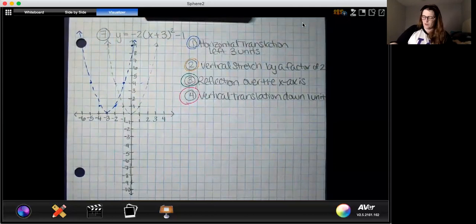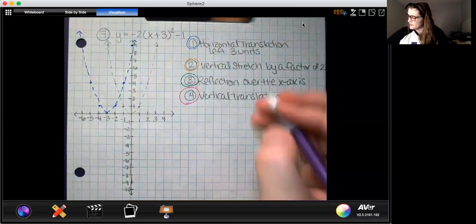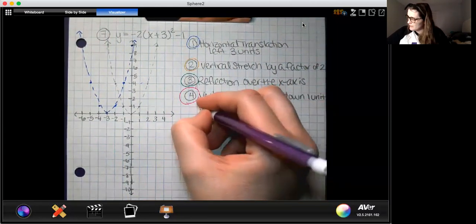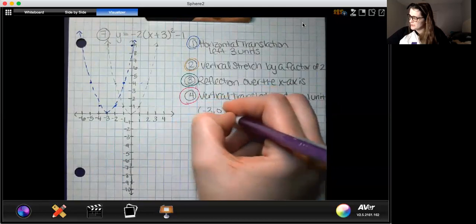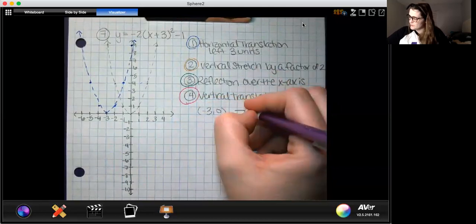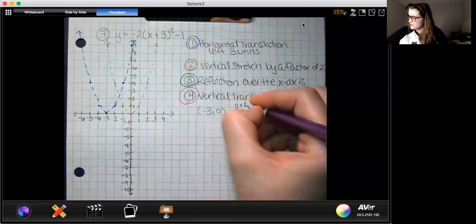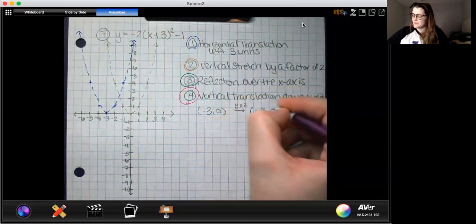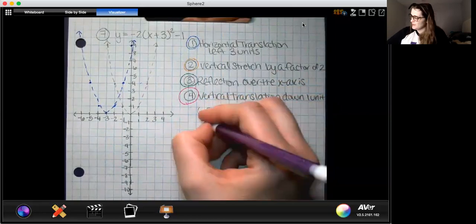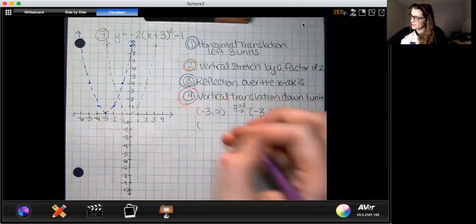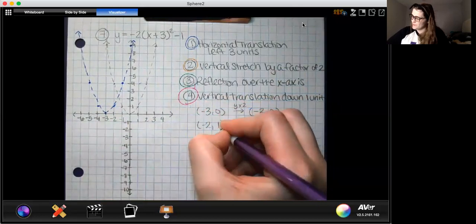Now we're going to do our vertical stretch by a factor of 2. Now again, you do not have to write down the points and multiply it like this. You can just do it in your head if you'd like. But points we have are -3, 0. And if we have a vertical stretch, that means we're multiplying y by 2. So that point, of course, stays the same. Then our next point is -2, 1.